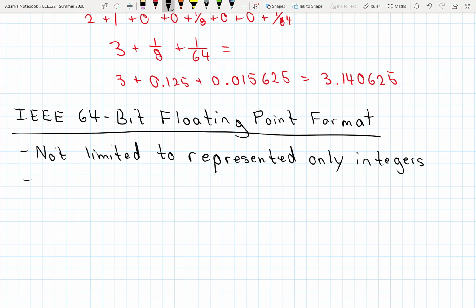Okay, and this particular standard that we're going to look at allows floating point numbers to be represented by a binary number.